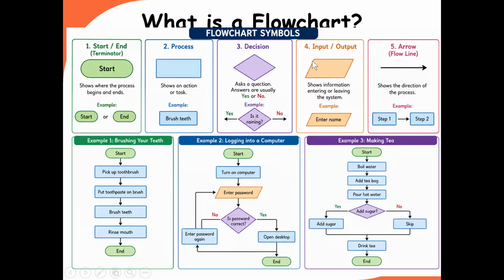If information is entering into the system or leaving out of the system as a message, we need to use this shape. And the shape is what? Parallelogram. The fifth one is the arrow to connect the shapes together. It shows the direction of the process.